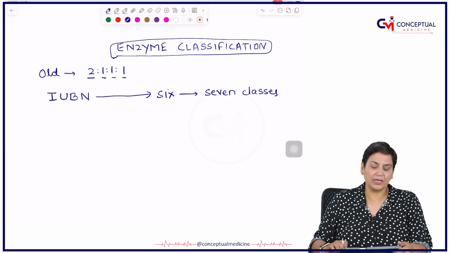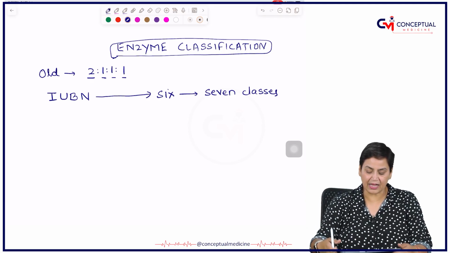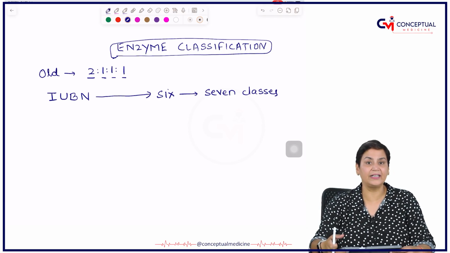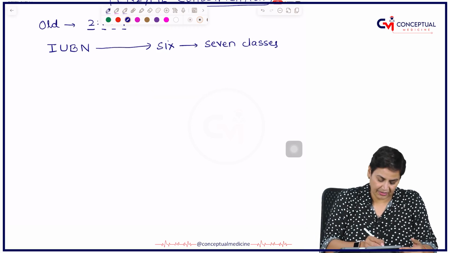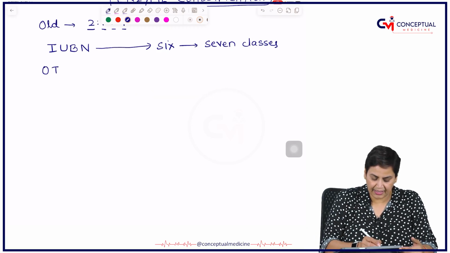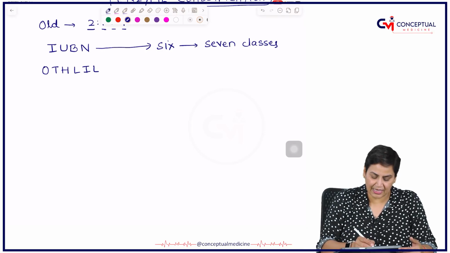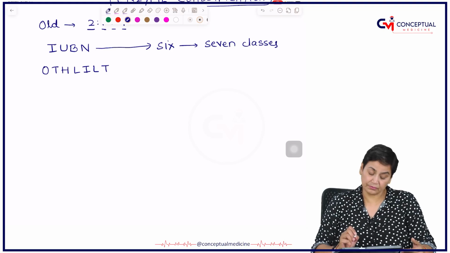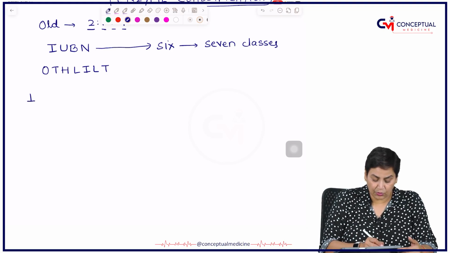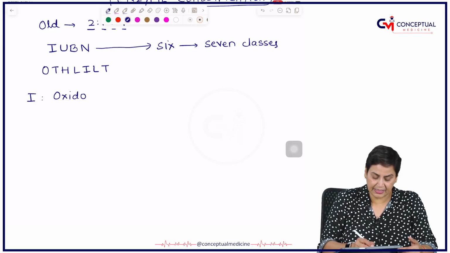And if we talk about the classes, the number 1 class is oxidoreductases, and the mnemonic is OTHLIL. And now since one more class has been introduced, so it will be T. So class 1 is oxidoreductases.